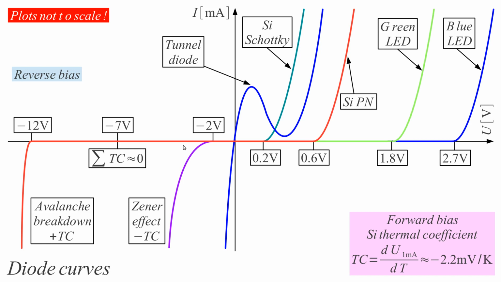While above -7 volts, this is for silicon, we have avalanche breakdown in silicon. Avalanche breakdown is not destructive in silicon, so we can use diodes in this regime, like making a stabilizer diode for -12 volts here. We should also consider that in silicon, both effects have a different sign of the temperature coefficient. So the temperature coefficient in silicon cancels out at the breakdown voltage of about -7 volts.